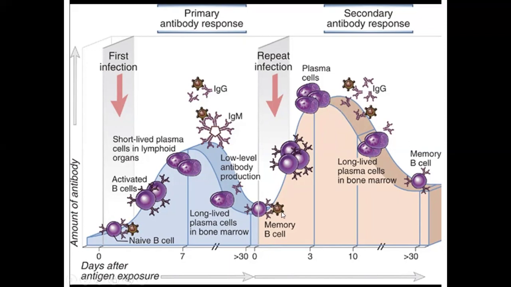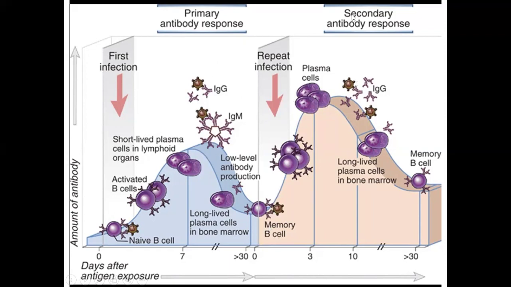In the primary immune response, it is necessary to activate B cells and to activate T cells, but in the secondary response, it's just enough to have memory cells, and memory cells start the immune response, and the highest level of antibody will be on the third day of the exposure, and the level of antibody will be bigger than it is in the primary response.